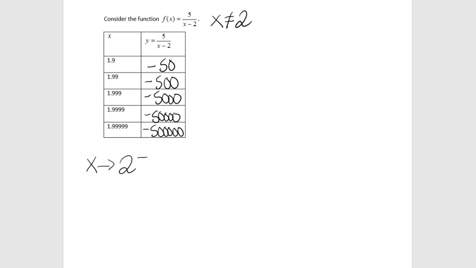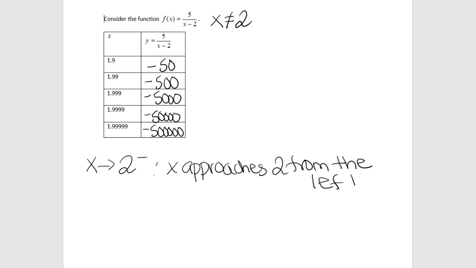And this reads as x approaching 2 from the left. So the arrow is approaching 2, and then the little superscript minus is telling you from the left, the numbers that are smaller than 2.